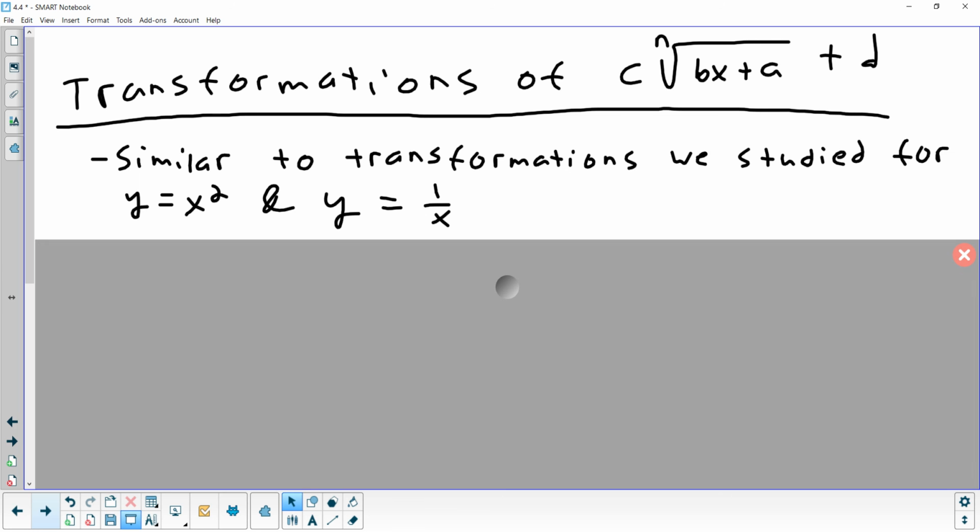If you put in a number like 6 for B, that's a horizontal stretch of 1/6. So you have to be careful when we talk about B. If you put in 1/2 for B, that would be a horizontal stretch by a factor of 2.